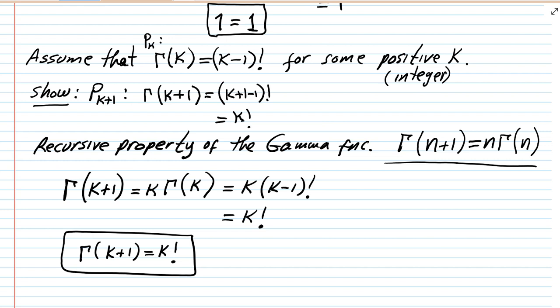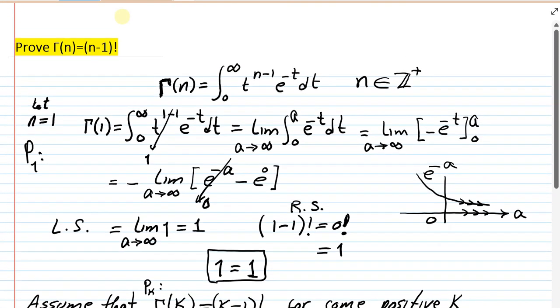Remember, k is a positive integer, an unbounded number. And there you have it. Therefore, the conclusion is that by induction, we have shown gamma of k plus 1 is k factorial. This concludes the proof of what we wanted to prove here.